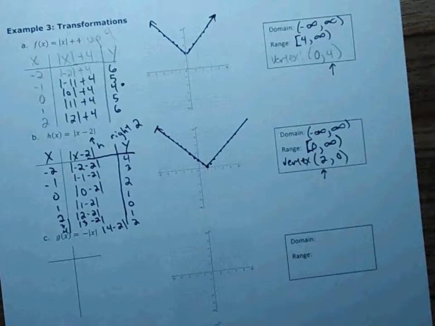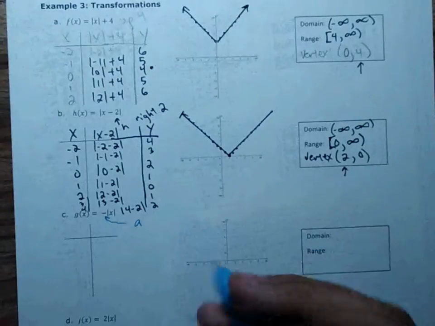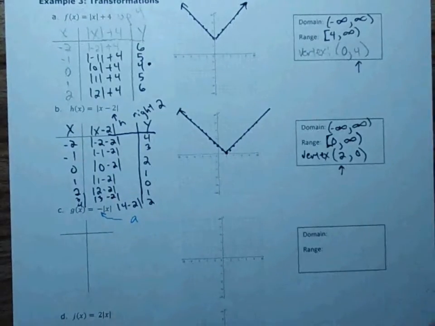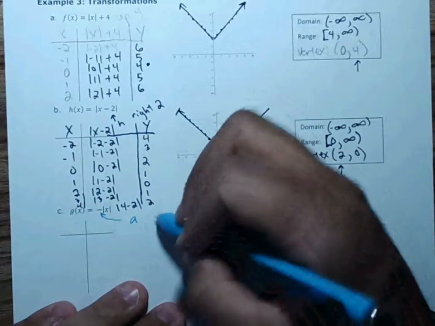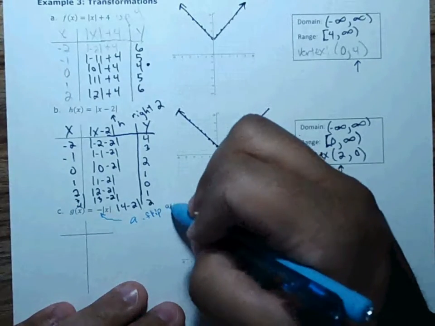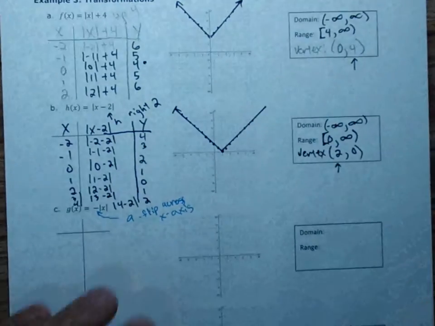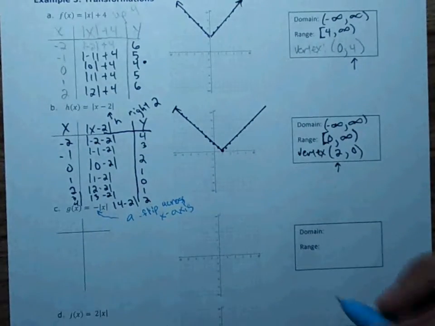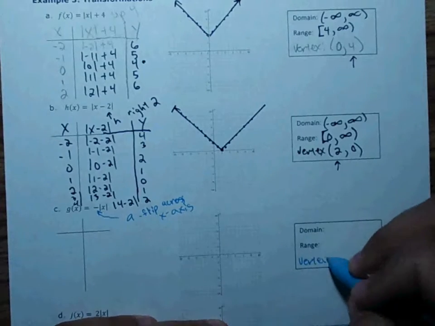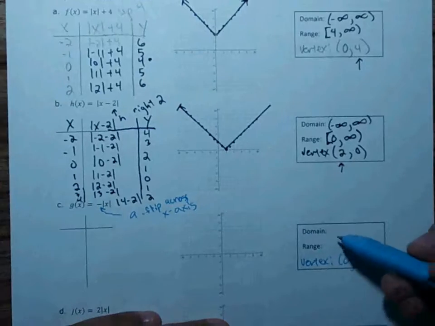Now if we look at this third example, example C, I've got a negative in the front, and that applies to my A. We actually kind of treat the A and then the negatives in the front independent of one another, which means that it's going to flip my entire graph across the x-axis, which means that my vertex would actually stay the same, 0, 0, because I didn't move my graph up or down or left or right.